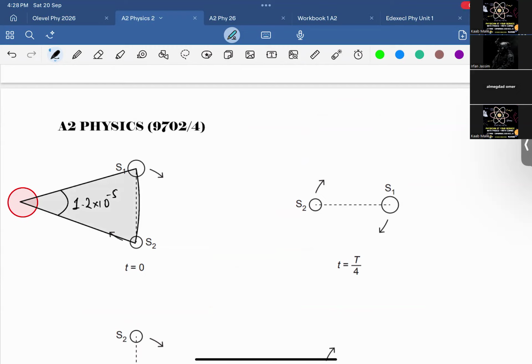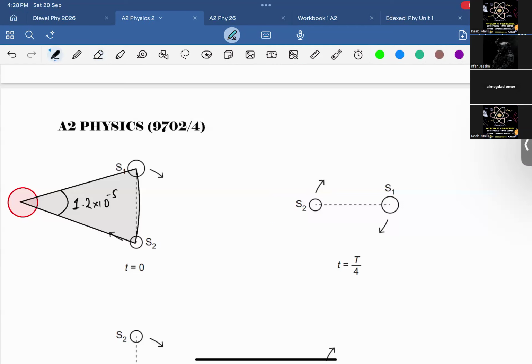Basically they're asking you this distance, and you can see that it is like a circular arc. You can use s equals r theta, but that is only applicable where s is the arc length. For this one, since the angle is very small, the arc length is going to be like this straight line.